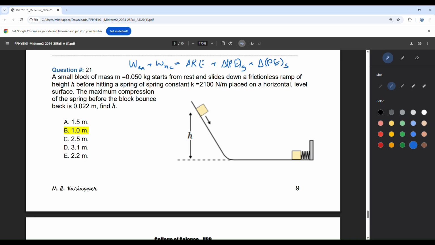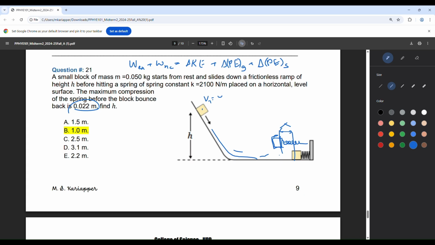We have a block which is released from rest, so it will have zero velocity, and it comes down, gathers speed, and there's a spring here. It will hit the spring with some speed, and then it will compress the spring by a certain amount, which is given to us.